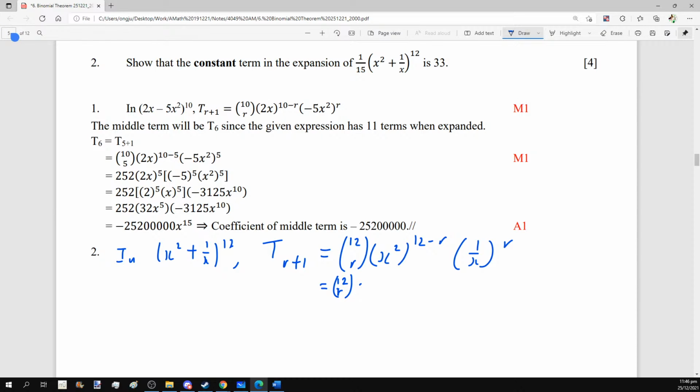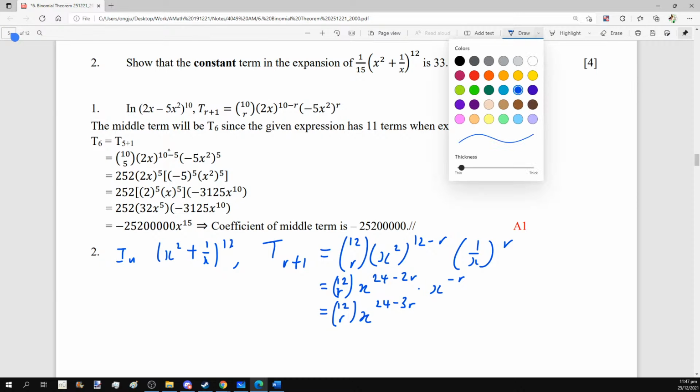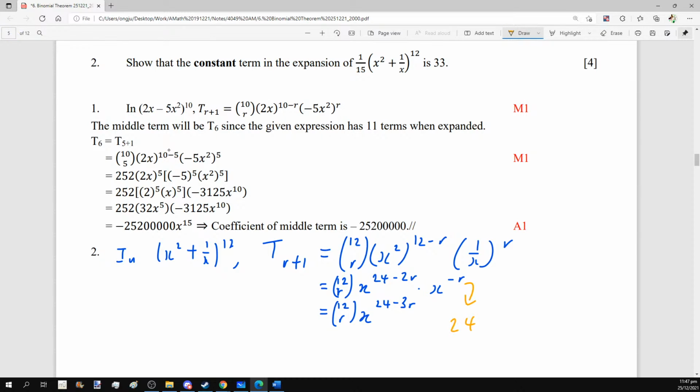In particular, notice I can use the laws of indices to change the middle person into 24 minus 2r and the person at the very back side into negative r, negative indices. And from here, we can combine all of the x objects together like this. Do take note that it will actually be addition, it's just that we are adding with a negative object. So it still gives us 24 minus 3r.